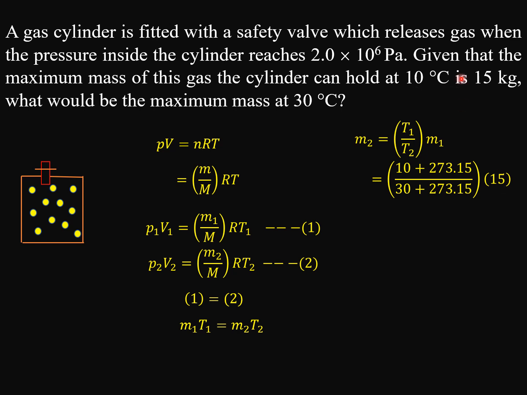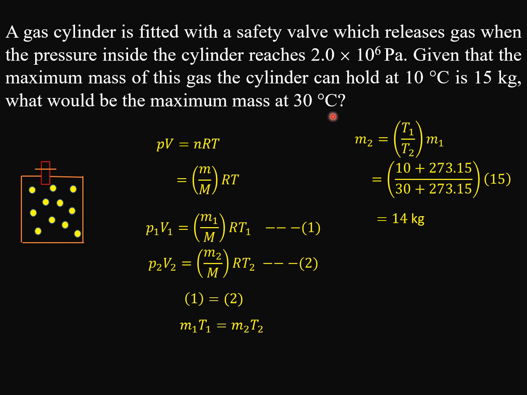It happens at 10 degrees C. We finally get M2 equal to 14 kg, which is less than the 15 kg of the maximum mass when the temperature is 10 degrees C. 10 degrees C, 15 kg; 30 degrees C, 14 kg. So this is consistent with the results that we analyzed before.